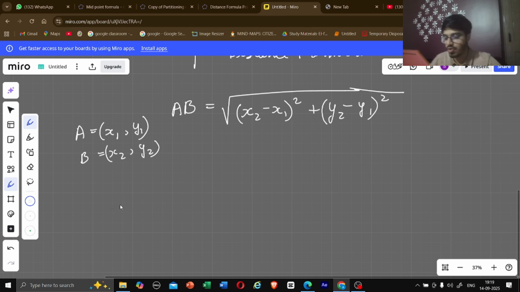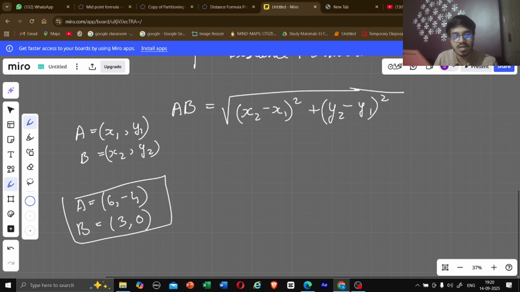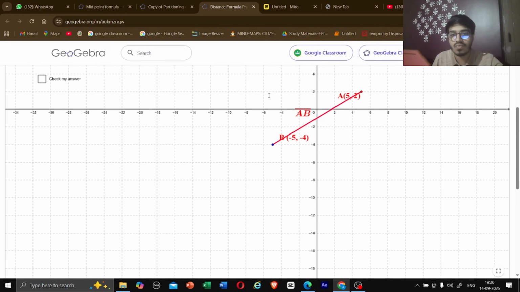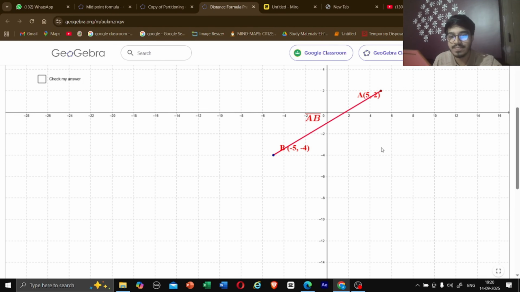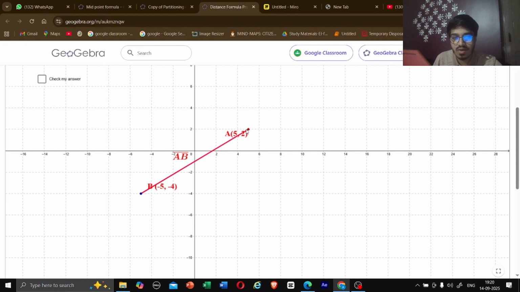Now we'll take one small example. Let the coordinates of A be 6, comma minus 4, and coordinates of B be 3, comma 0. So how does it look in a coordinate axis? We will see using GeoGebra. Just a second. So coordinates of A is 6, comma minus 4.